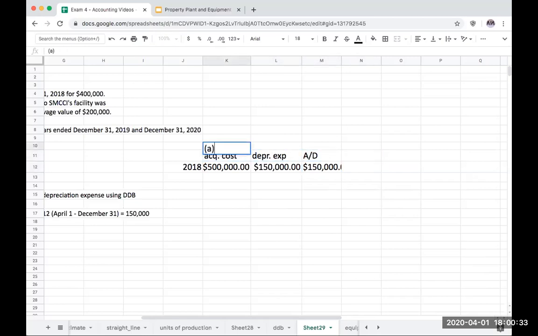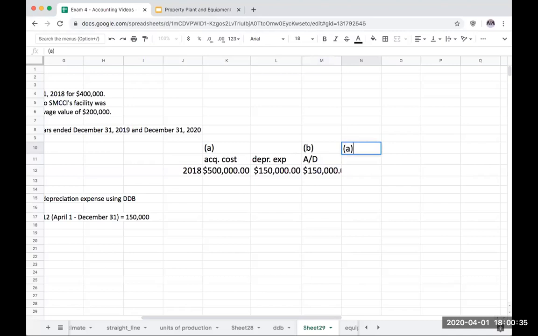My net book value is going to be my acquisition cost minus my accumulated depreciation, or $350,000. I'm going to compare this value here to my salvage value.